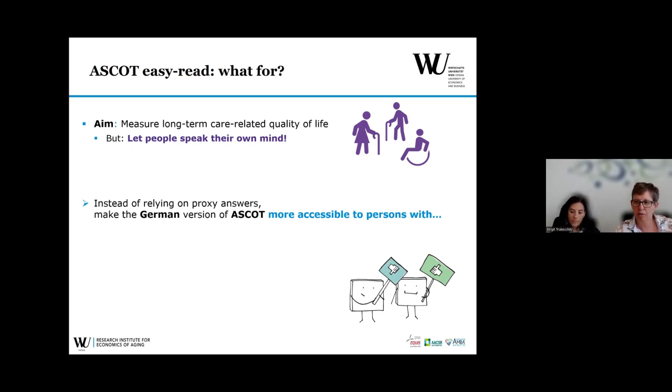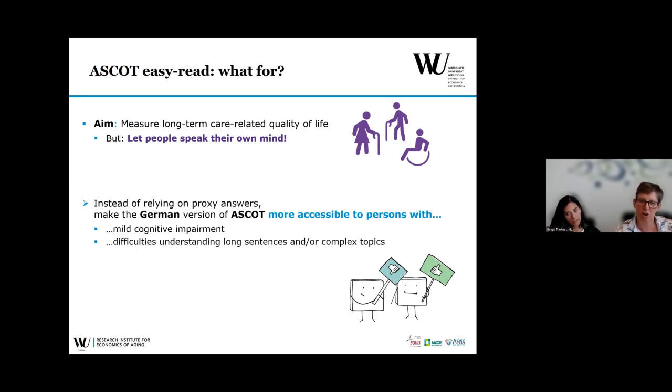Our aim was to provide an Easy Read version for people with mild cognitive impairment, so not people with severe dementia, but people who have difficulties understanding long sentences and complex topics. Long sentences are quite typical for the German language, so this is a language issue we have. And of course, there are problems reading text in a layout that is not really suitable for this group.